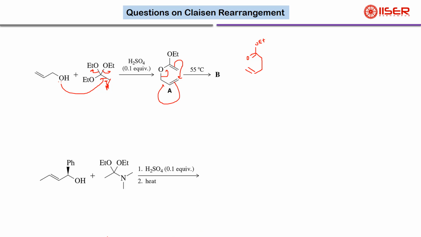Let's go to the next one. This is an example of this type of Johnson-Claisen.